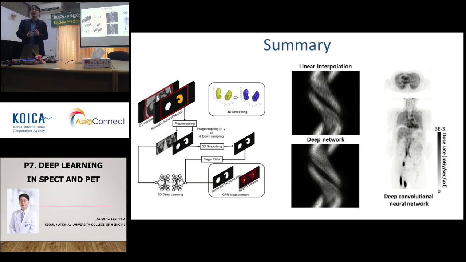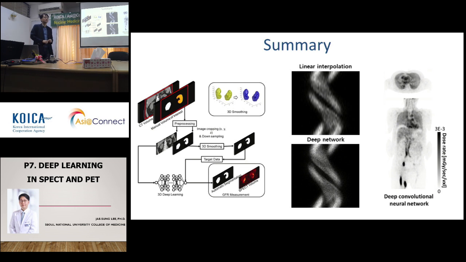So, any questions? When you are doing the voxel-based dosimetry, how much time is devoted to dose rate?